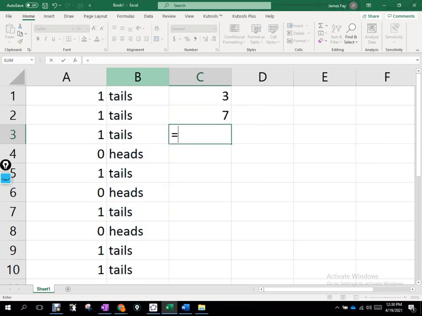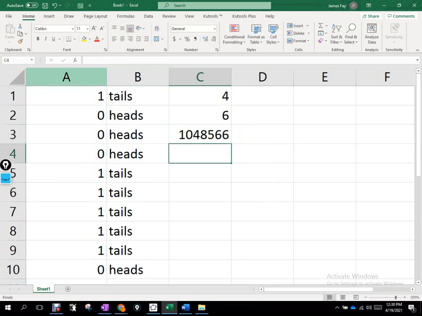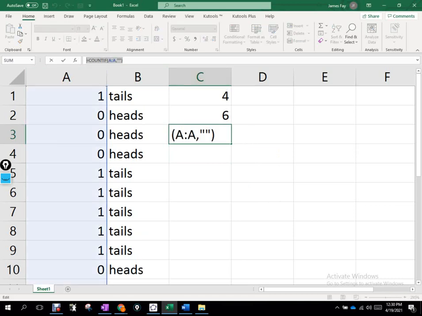And I'm going to say count if this column has something in it. Oh, that's not right. Don't worry about it. We'll just do this.